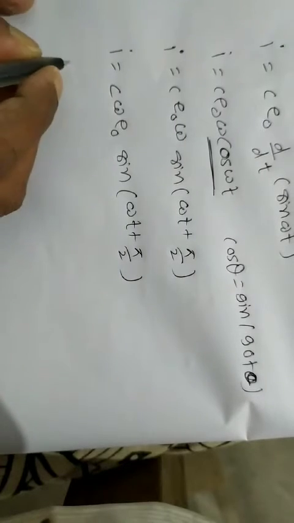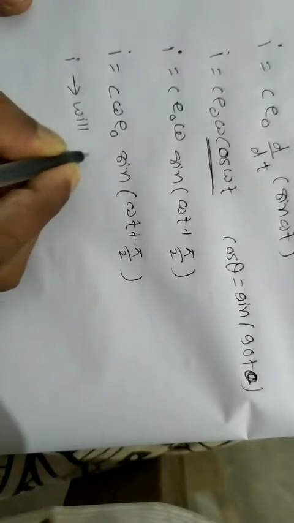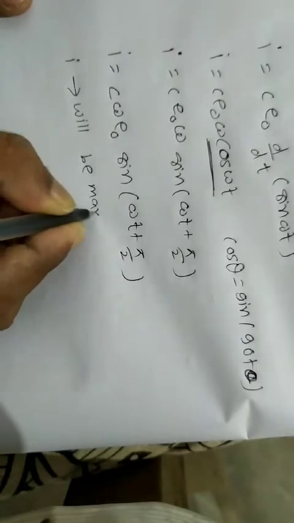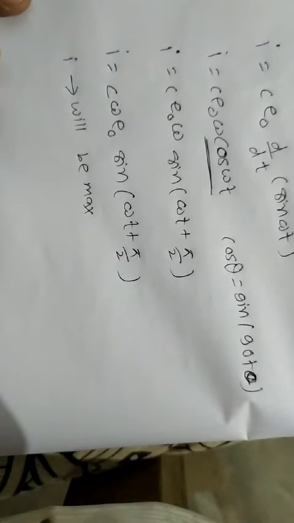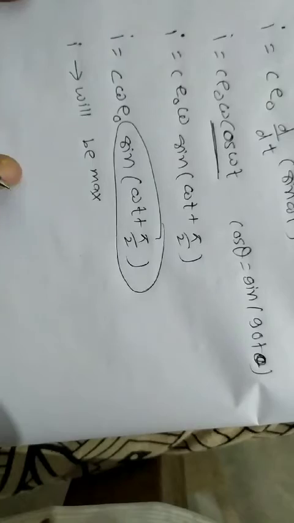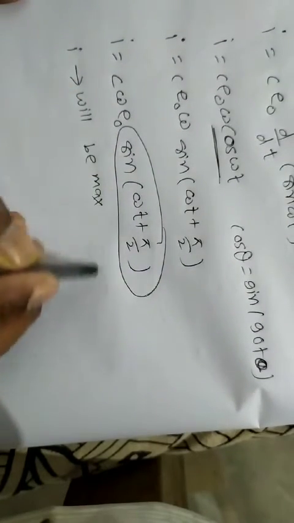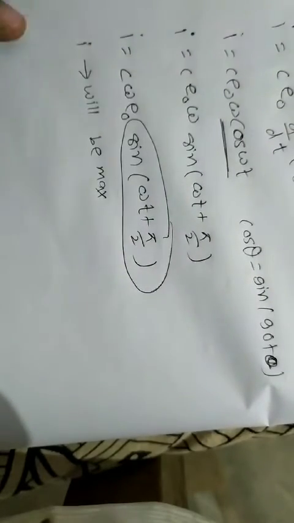Now when will the current be maximum? If I talk about maximum current, then this sine quantity should be maximum. What will be the maximum value of this quantity? 1, because the maximum value of sine is 1.